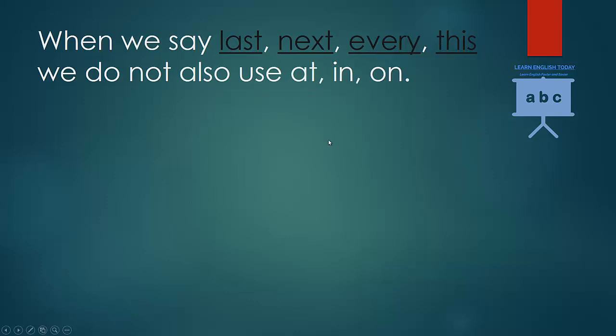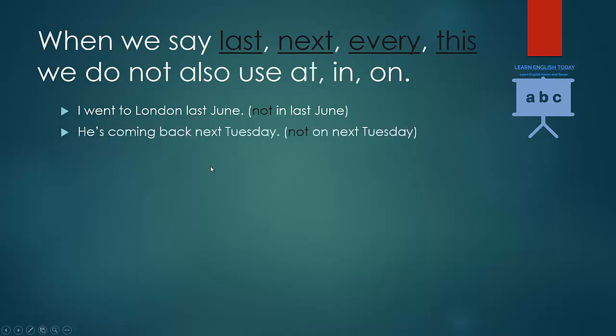For example, I went to London last June. We never say I went to London in last June. The next example, he is coming back next Tuesday, not on next Tuesday.